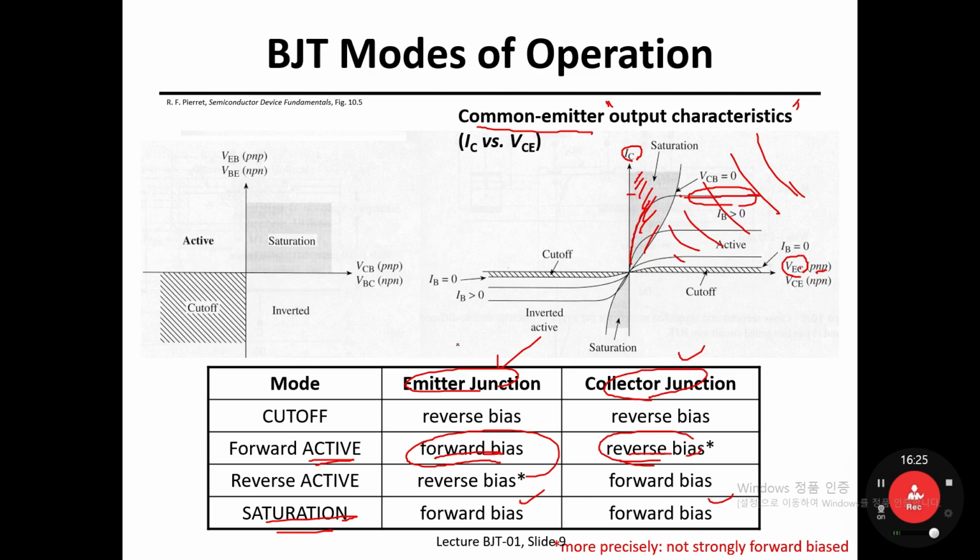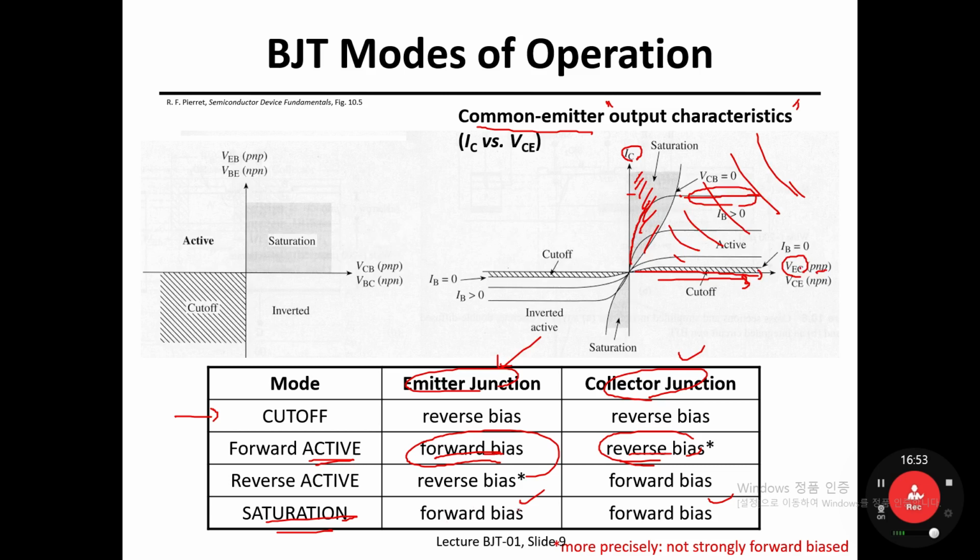One more comment for this lecture note is this. Cutoff means both junctions are shut down, so reverse biased, and no current can be found. Whatever the emitter to collector voltage is, no current can be observed. Why is that? Both junctions are blocked because both are reverse biased.